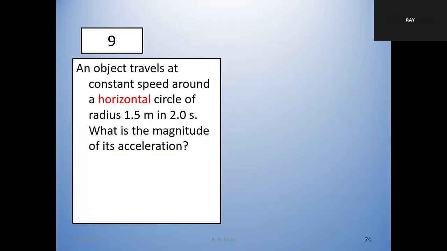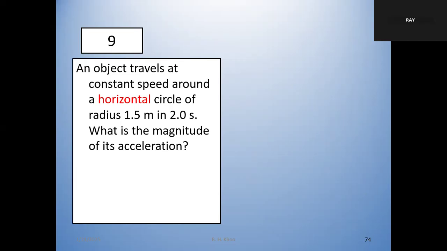Okay, try this one. I'm forcing you to use the formula, that's all, and then to read. Find the speed.